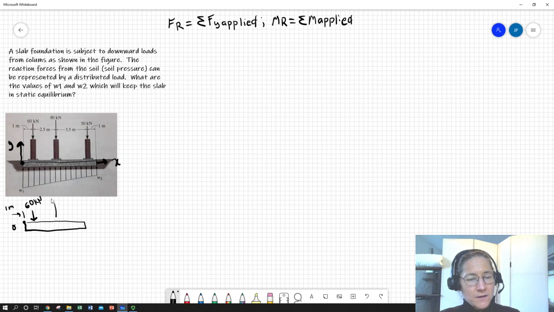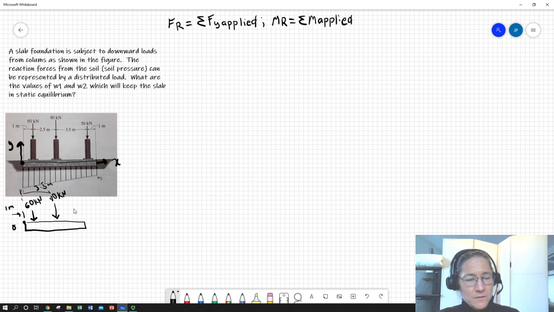We've got 80 kilonewtons at 1 meter plus 2.5 meters, so that would be 3.5 meters.